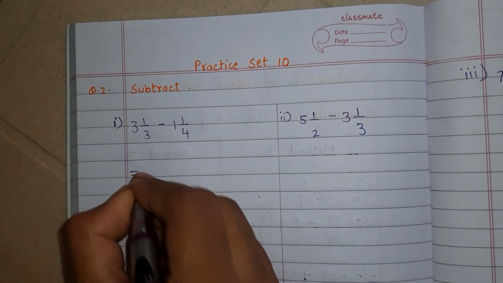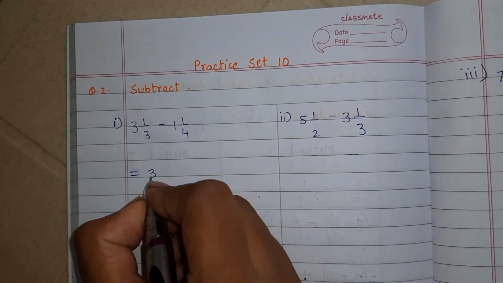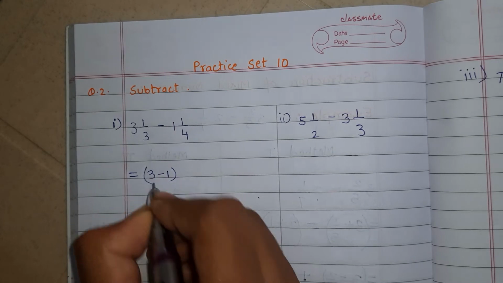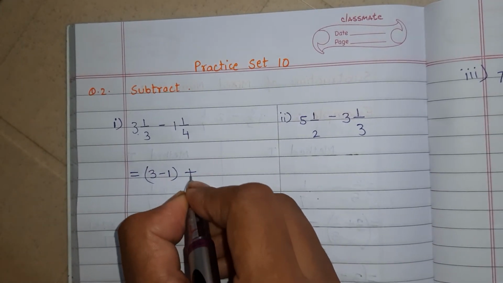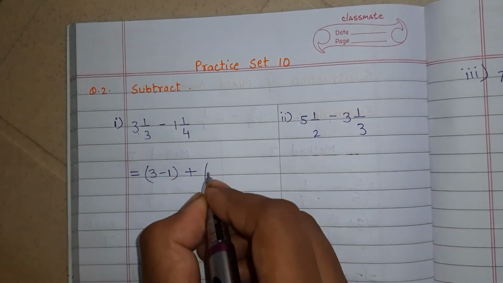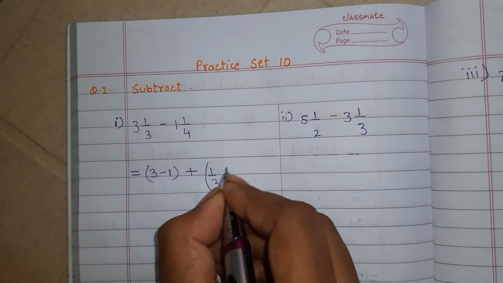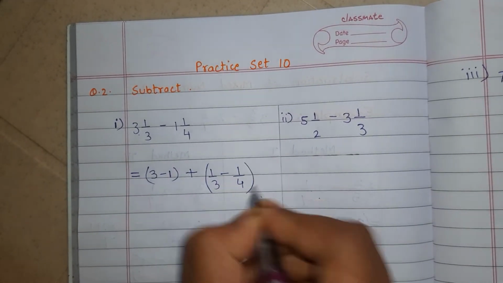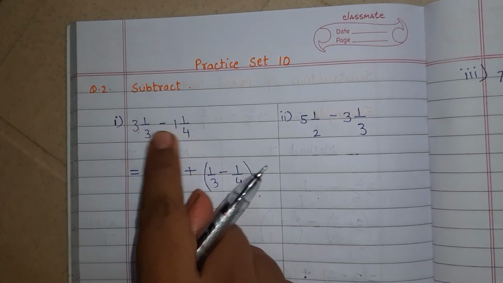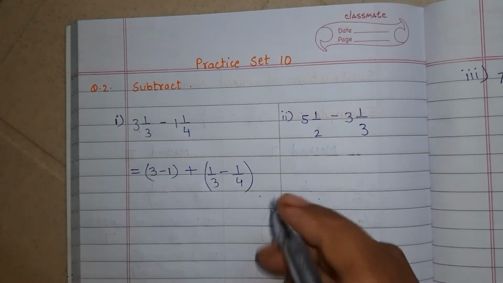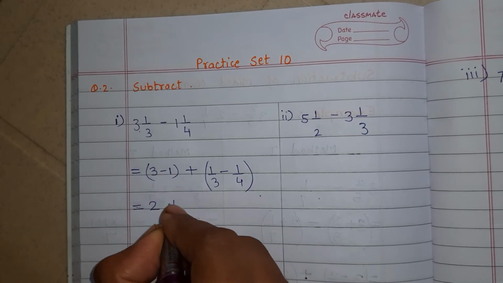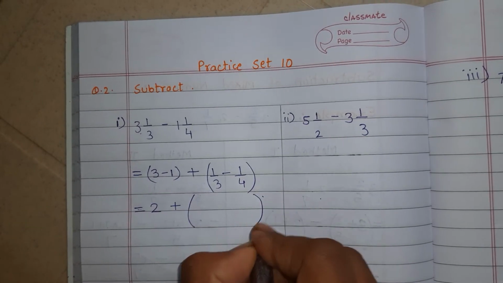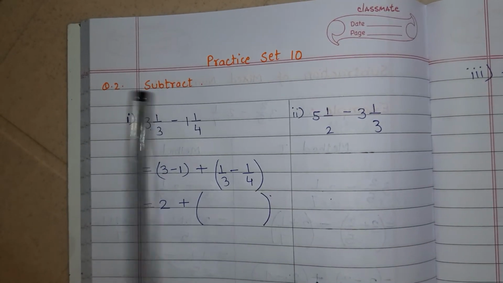So, as I said, whole number minus whole number, 3 minus 1, and fraction minus fraction. Understood? Now 3 minus 1 is 2, then plus sign, then this bracket, cross multiplication.